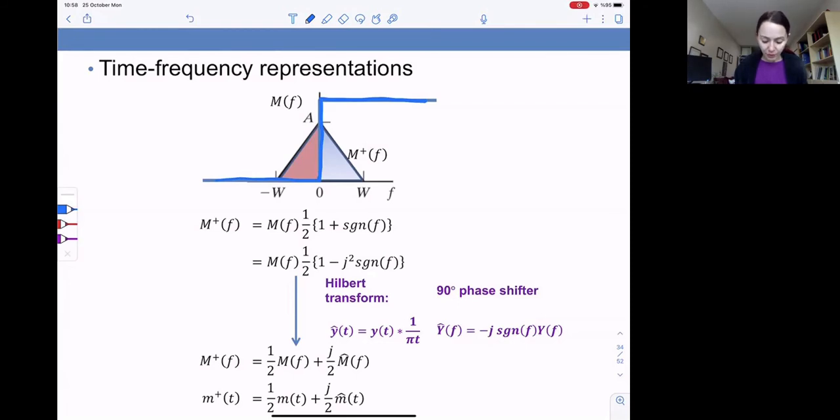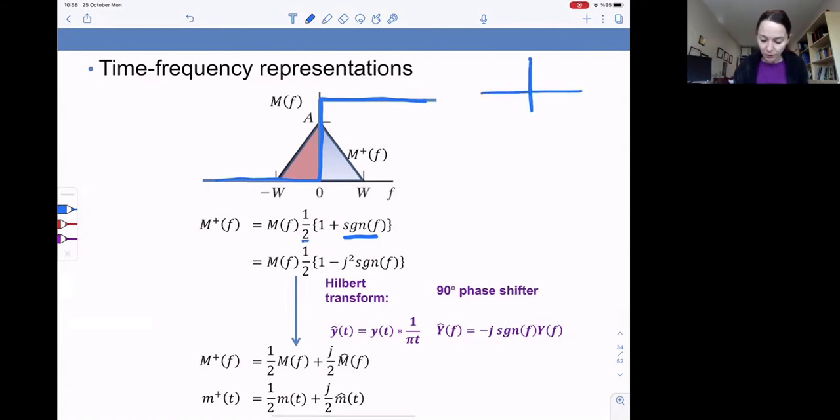What does that do? You can replicate it by using the signum function. What is the signum function? The signum function is -1, 1, right? Before and after the origin. So essentially, you need to divide it by 2 after you add the 1.